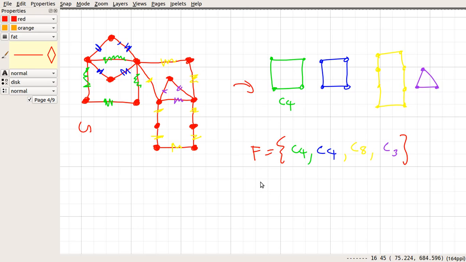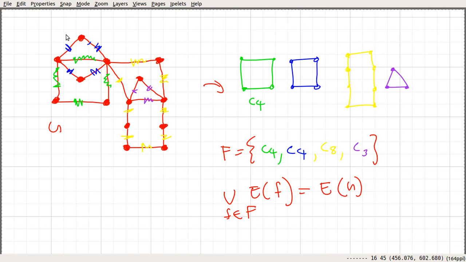Again we can see that if you take the union of all the members of this family and take the edge set of each member, here this corresponds to C4, this C4, C8 and C3, and if you take the union, you will get the edge set corresponding to the original graph.